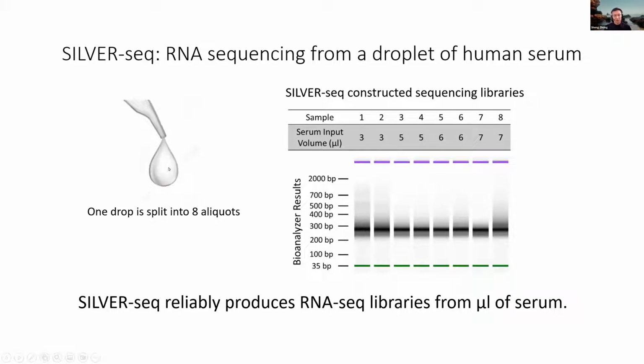From 1 drop of blood serum, we split it into 8 aliquots. Here I didn't split it into the same volume. We had 2 aliquots of 3 microliters, 2 aliquots of 5 microliters, 6 microliters, and 7 microliters per se. And here are the size distributions of the final sequencing library as a quality check to see if we could generate a good size distribution that is suitable for a typical Illumina sequencing platform.